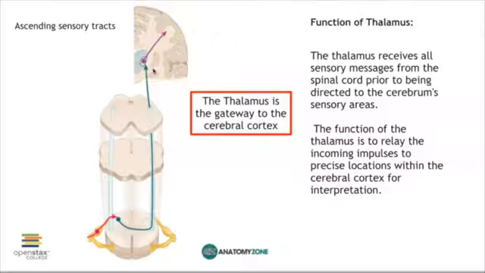So hopefully this kind of makes sense. Sensory interneuron down from the spinal cord, synapsing with the interneurons of the thalamus, and those interneurons are going to send it to the precise location on the cerebral cortex where it needs to be interpreted.